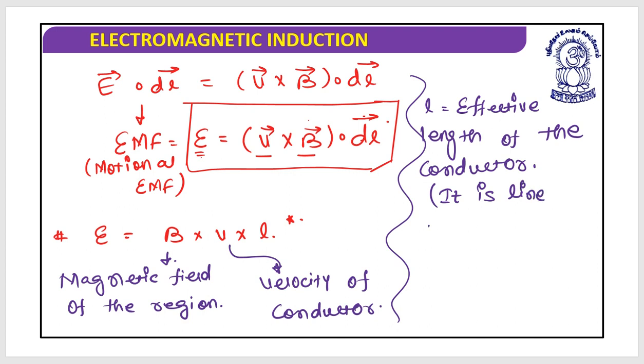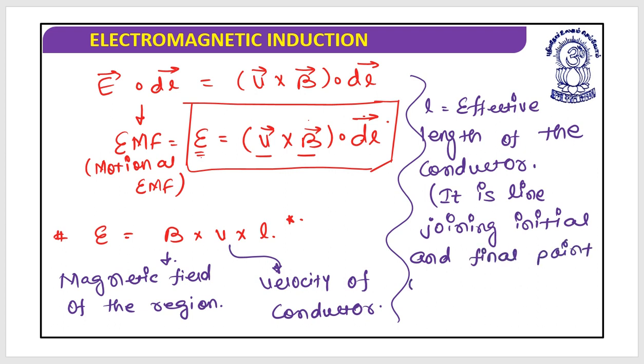It is the line joining the initial and final point of the conductor. So this motional EMF can be written as ε equals B into v into L. It is as simple as that. I hope it is clear.